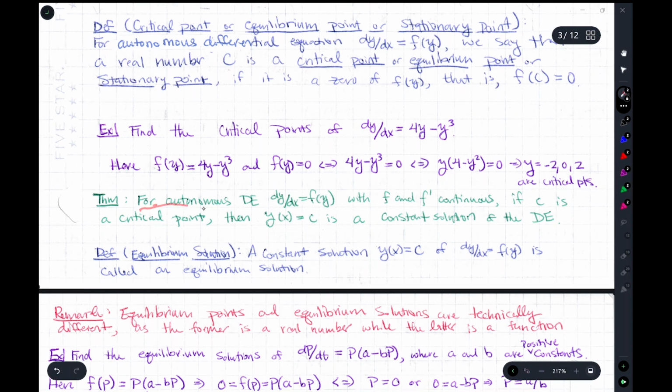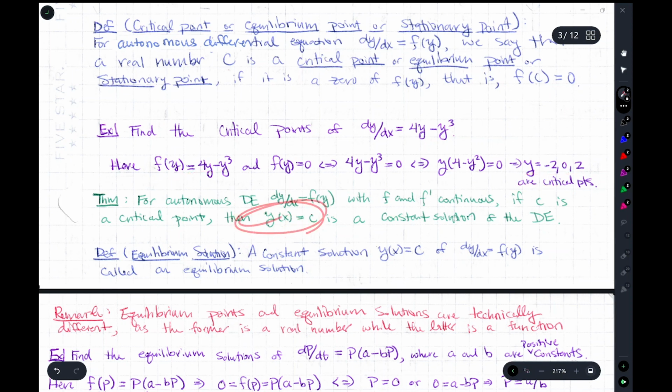Theorem. For an autonomous differential equation with f and f prime continuous, if c is a critical point, then y(x) equals c is a constant solution of the differential equation. So you have to separate between looking at this as a point of the function f(y) versus a function here.